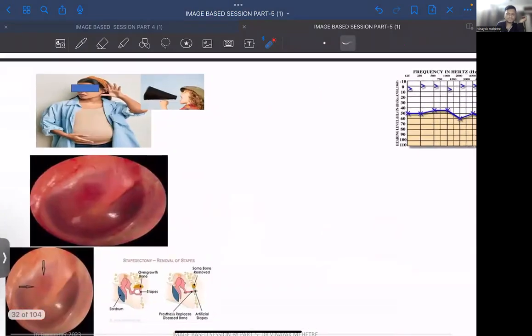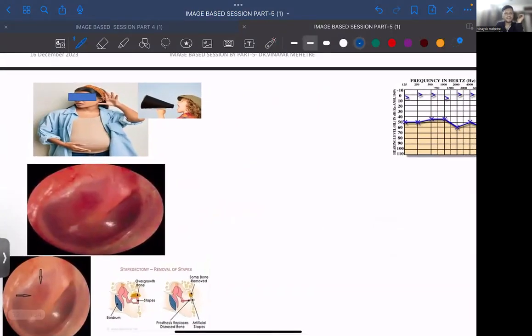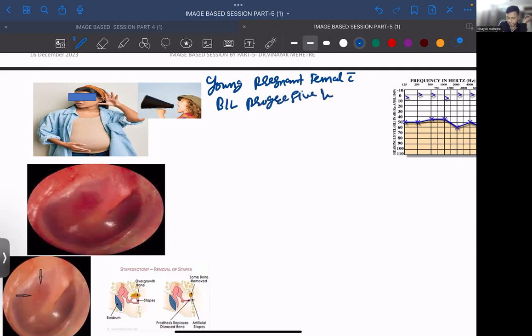Examiner's favorite: young pregnant female with bilateral progressive hearing loss.